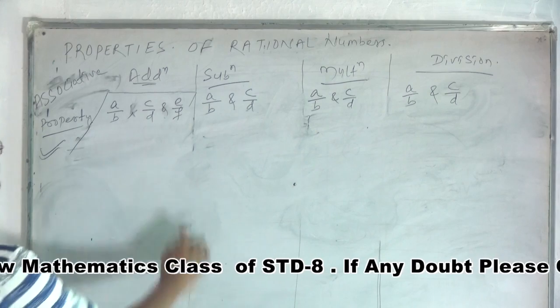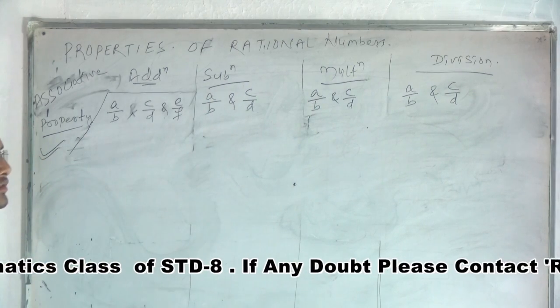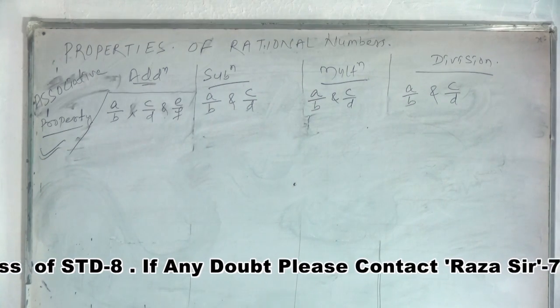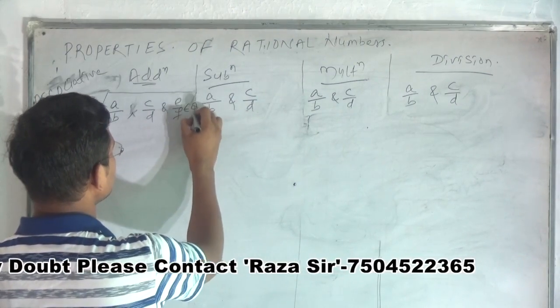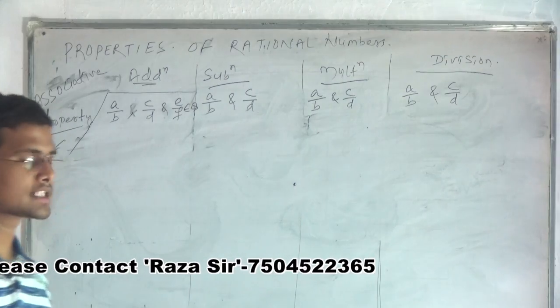Suppose A by B, C by D and E by F are three rational numbers.